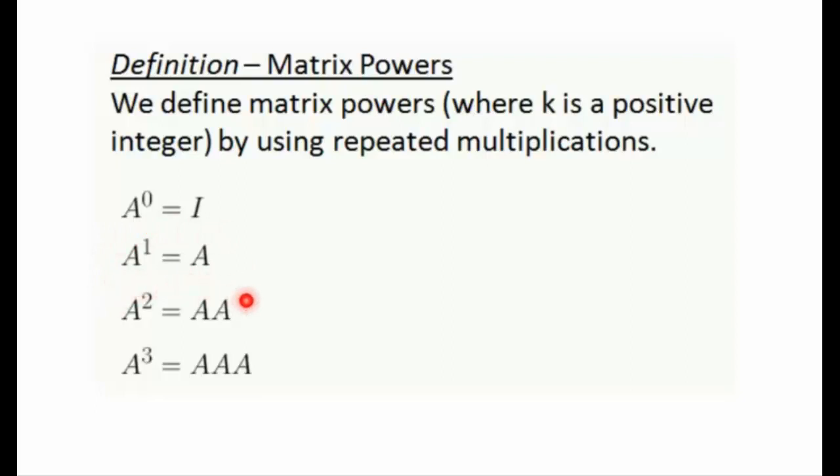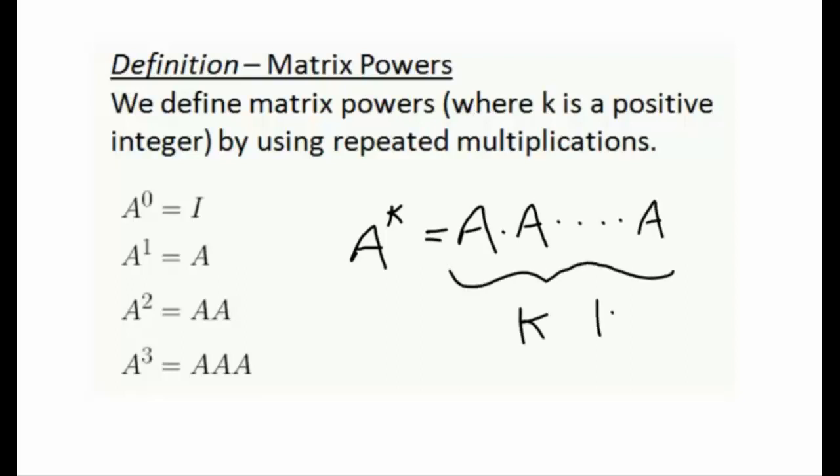If we see A squared, that means A times A, A cubed means A times A times A, and so on until we get to A to the power of k, which would be A times A times A, k times. Another thing that we have to worry about is A to the power of 0, and we define A to the power of 0 to be the identity matrix of size n.